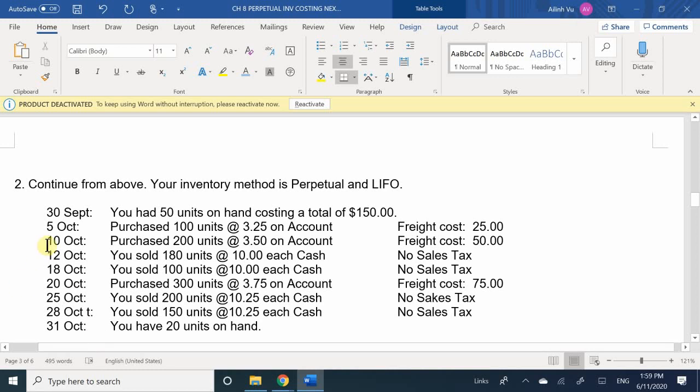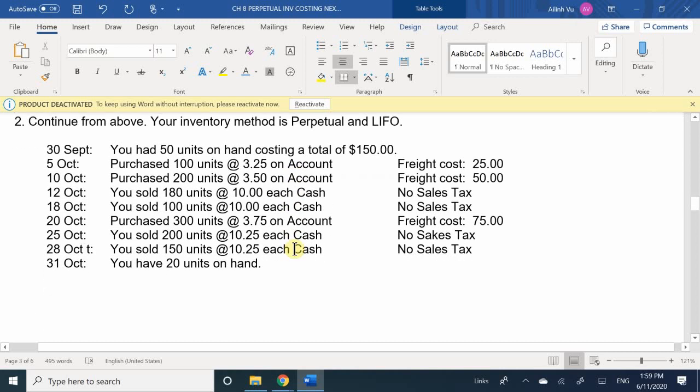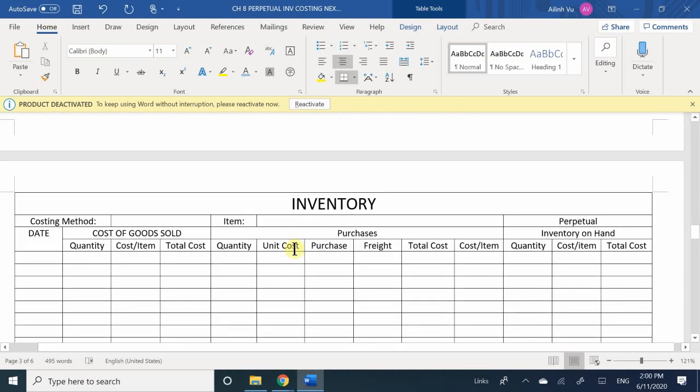So here we recognize that on the 30th of September, you had 50 units remaining and it cost you a total of $150. Let's go ahead and journalize that first because this is beginning inventory. You need to make sure that you include everything into your inventory. So this was September 30th.